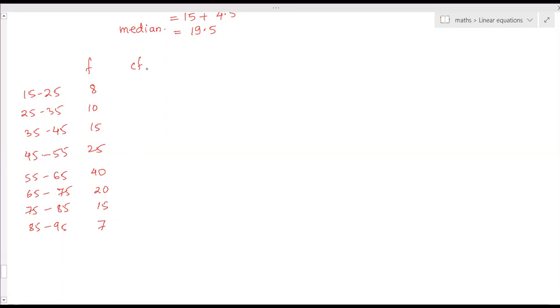So the first will be 8, then the next will be 18, then 18 plus 15, 33, then 58, and then 98, and then again 98 plus 20, and it goes on like that.